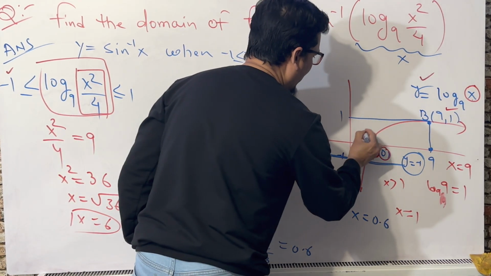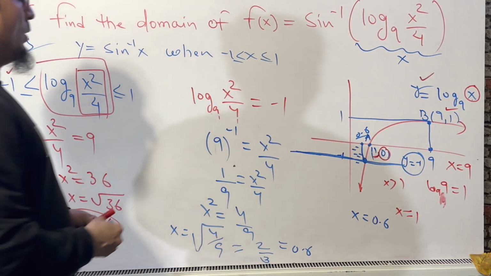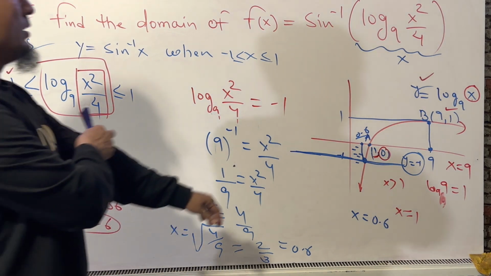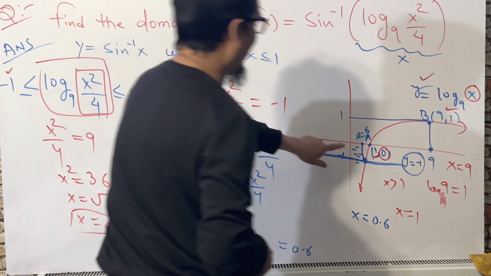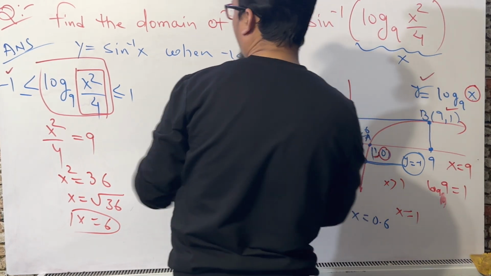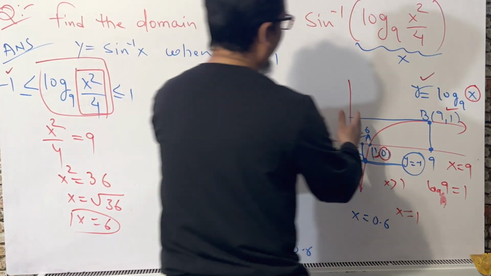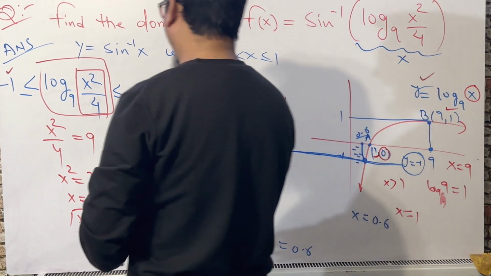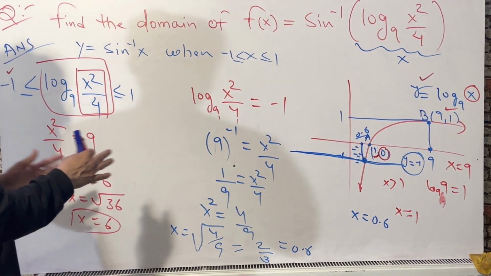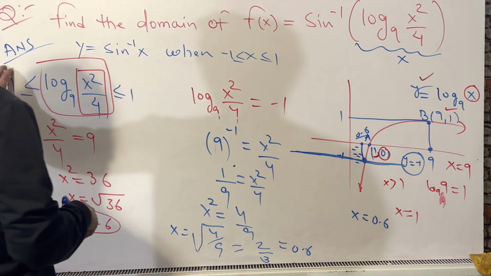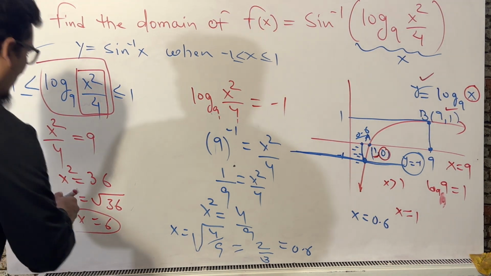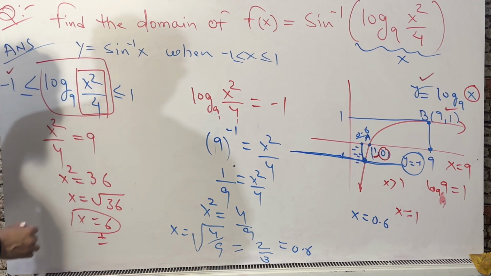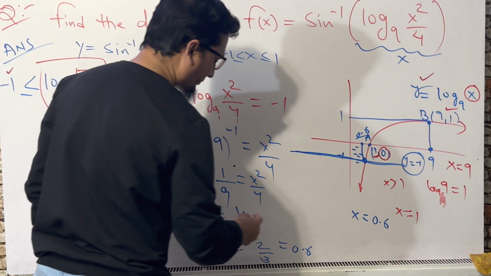So when x is from 0.6 to 9, the value is from -1 to 1. But here you have to solve for both values, positive and negative.